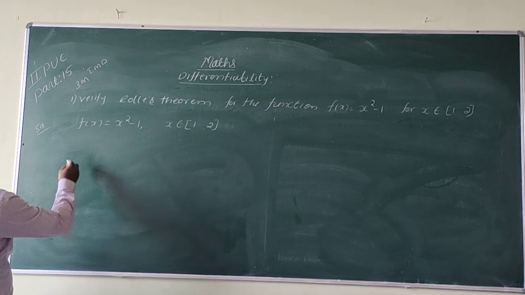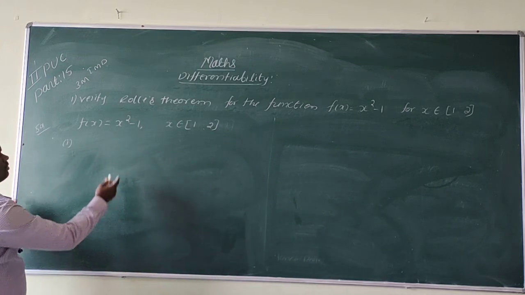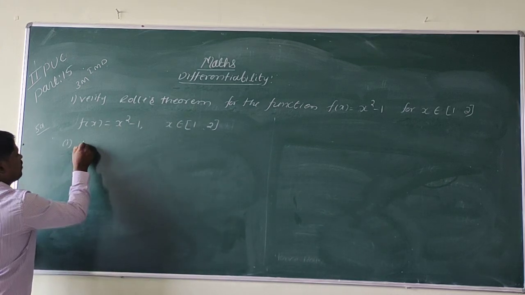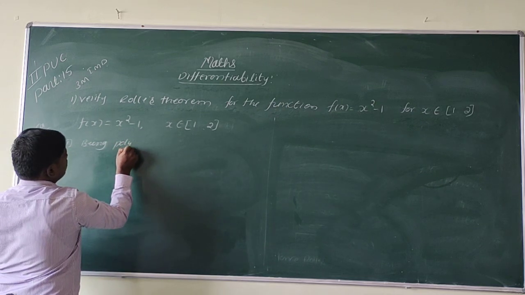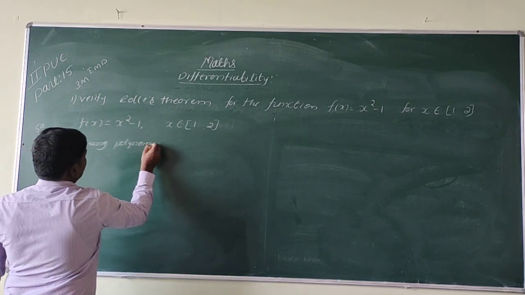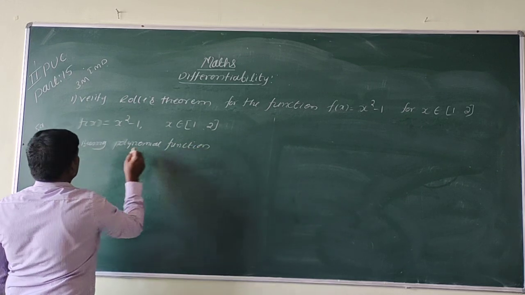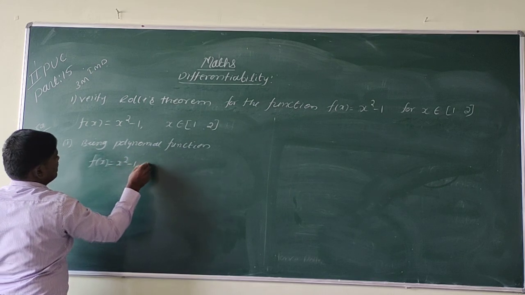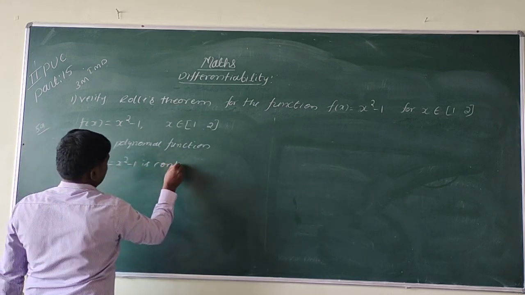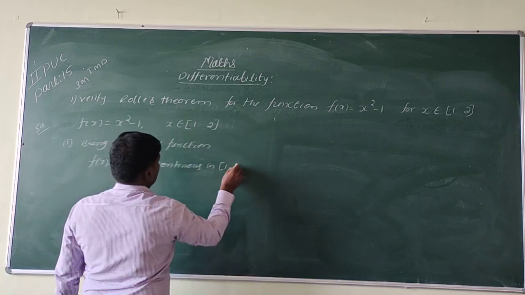Yes. So first condition, whether this is continuous or not. So yes, this is a polynomial function. So being a polynomial function, f of x is equal to x square minus 1 is continuous in 1 comma 2.